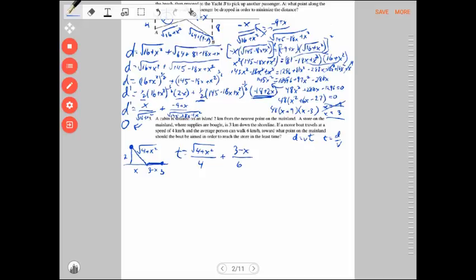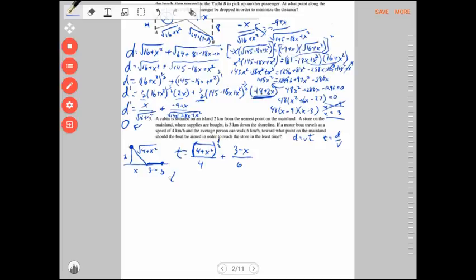There's the time function. So, of course, in order to do that, we take the derivative. Now, remember, here, that's just to the 1/2 instead of the square root. It's cheating a little bit, but it saves a line of space.